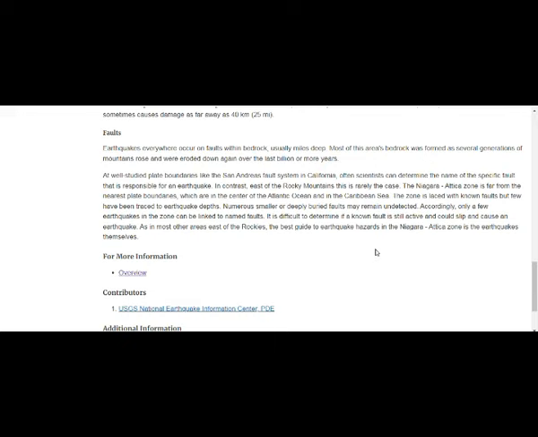In contrast, east of the Rocky Mountains, this rarely is the case. The Niagara-Attica zone is far from the nearest plate boundaries, which are in the center of the Atlantic Ocean and the Caribbean Sea. The zone is laced with known faults, but few have been traced to earthquake depths. Numerous smaller or deeper buried faults may remain undetected.